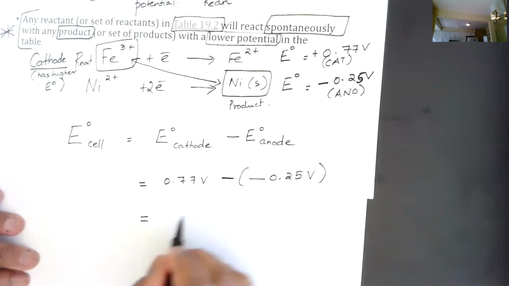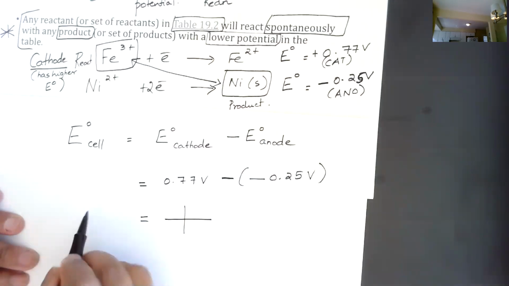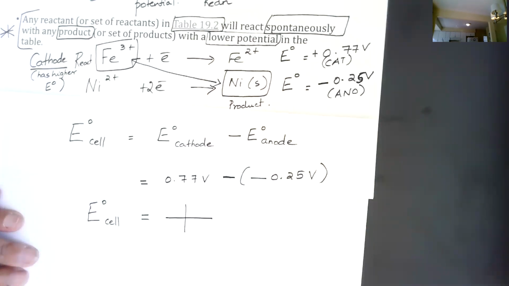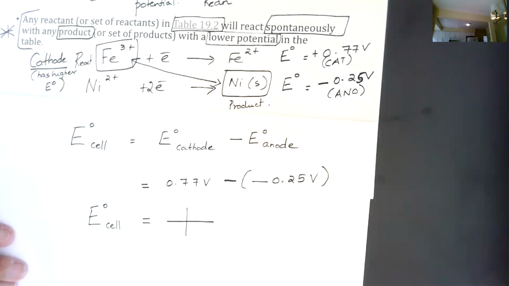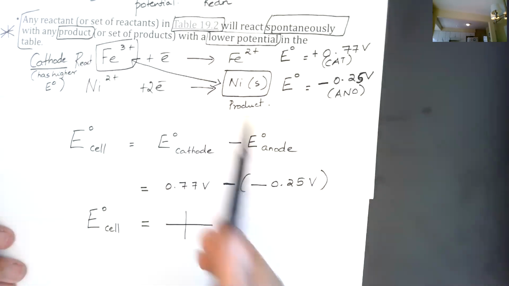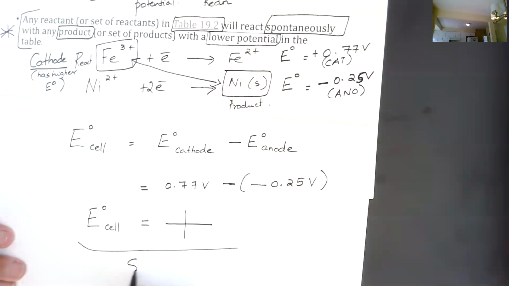The sum becomes positive. You see that? E0 cell is positive. So when I make this guy the cathode and this the anode, then I'm going to have a spontaneous reaction.